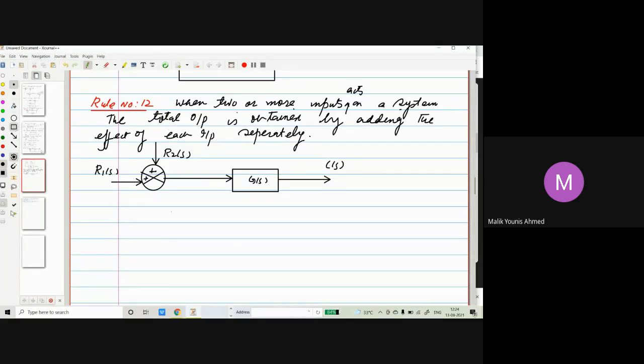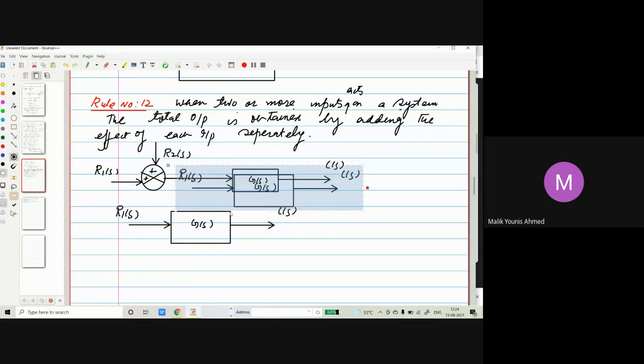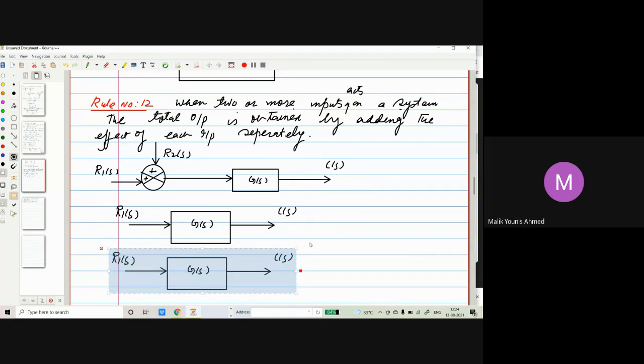So what will happen? First we are going to take R1 of S and make R2 of S 0. It will remain G of S, and it will remain C of S. Second, let's copy this and paste.